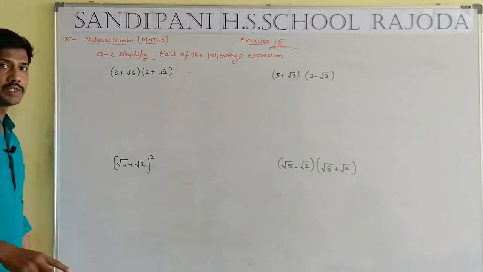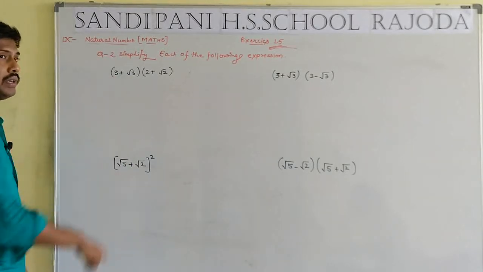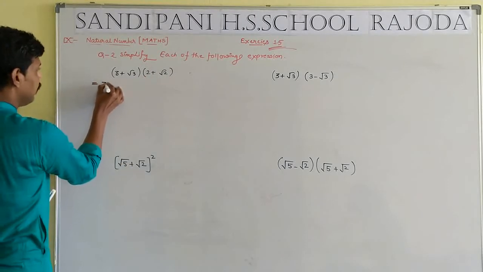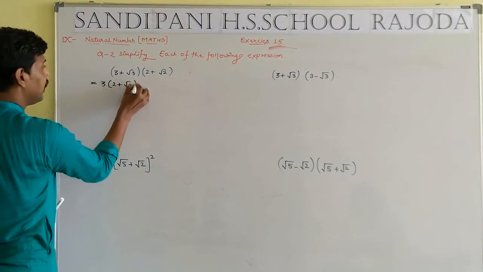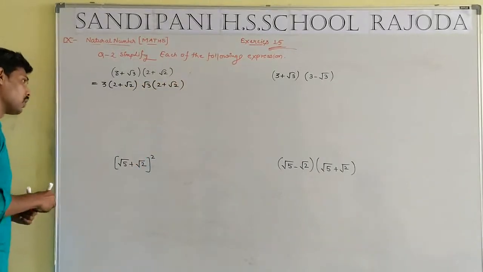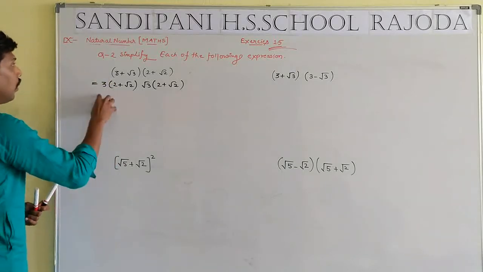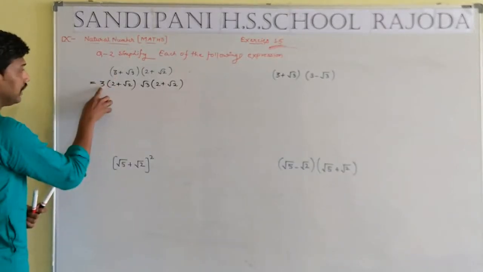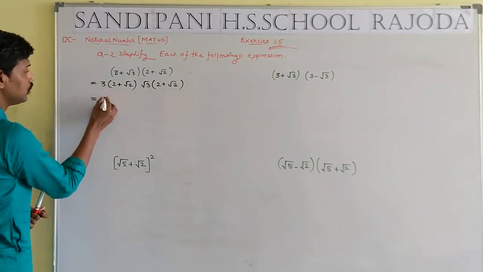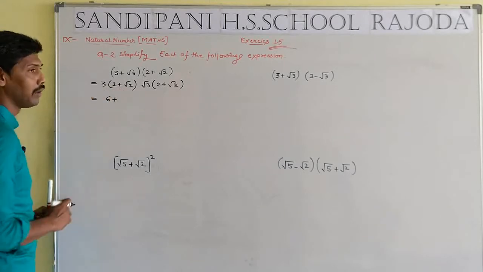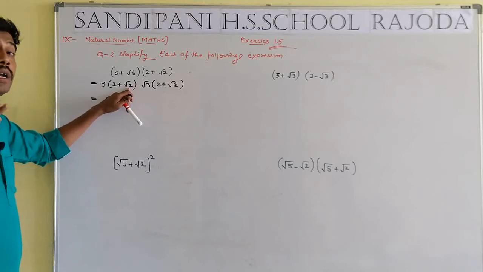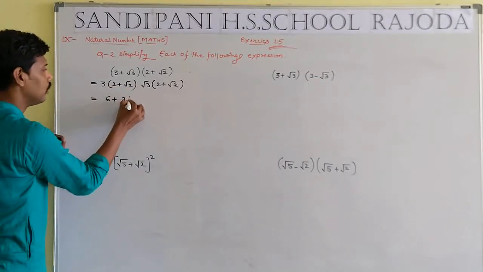How many members in the first bracket? 2 members, 3 and root 3. Firstly, 3 multiplied by the whole second bracket, then root 3 multiplied by the second bracket. 3 multiplied by 2 is 6, and 3 multiplied by root 2: the category of 3 and the category of root 2 are different, so we simply write 3 root 2.